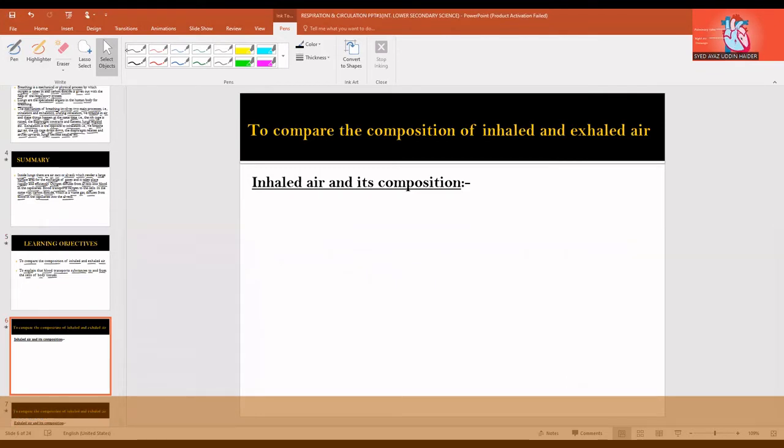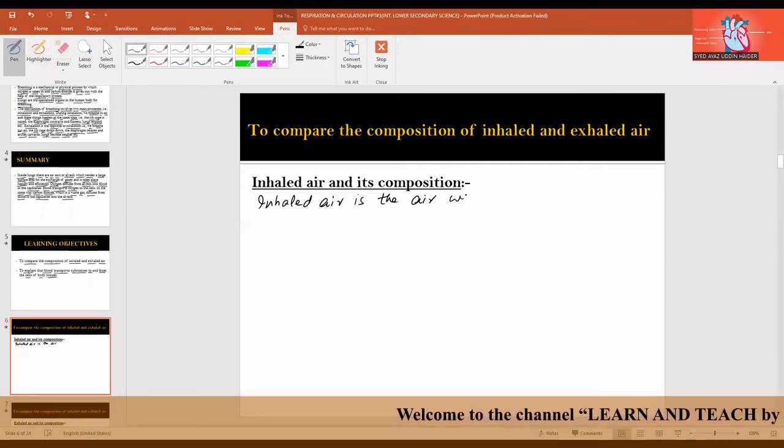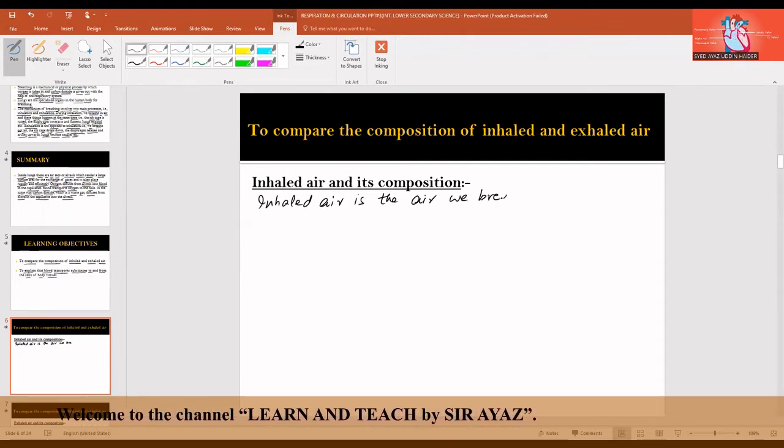Inhaled air and its composition. Inhaled air is the air we breathe in.